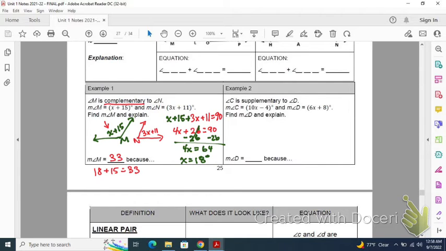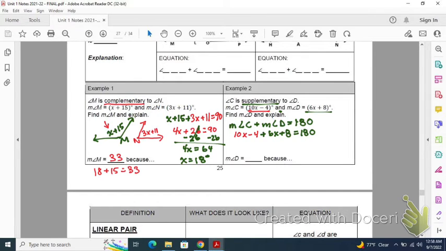Okay, next one. This time we're given supplementary angles. I'm not going to draw the diagram this time. I can just know that measure of angle C plus measure of angle D is going to equal 180 because it's supplementary. So I'm going to get 10x minus 4 for measure of angle C, and then for measure of angle D, 6x plus 8, equals 180.